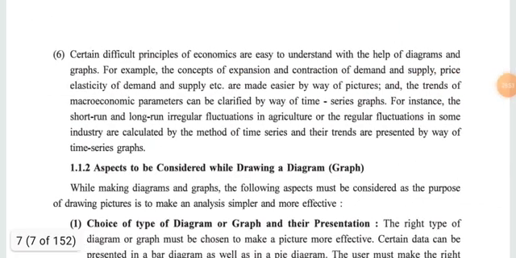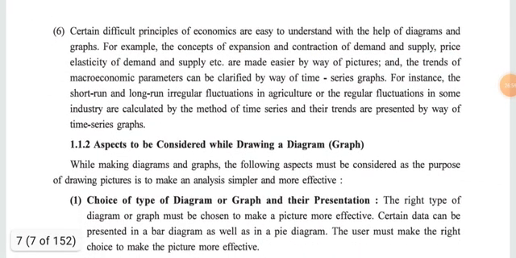Now let us move towards the sixth and last point. Certain difficult principles of economics are very easy to understand with the help of diagram and graph. For example, the concepts of expansion and contraction of demand and supply, price elasticity of demand and supply, etc., are made easier by way of pictures, and the trends of macroeconomic parameters can be clarified by way of time series graphs.